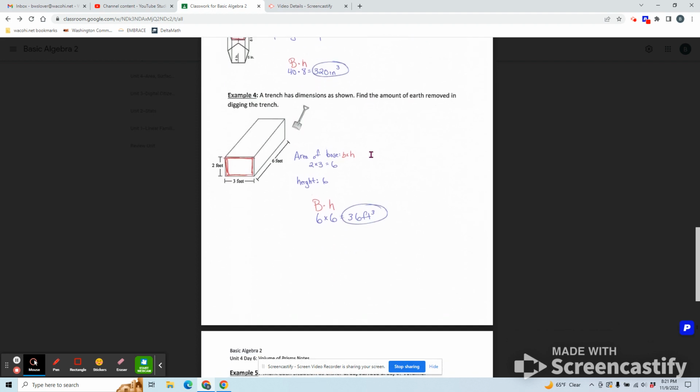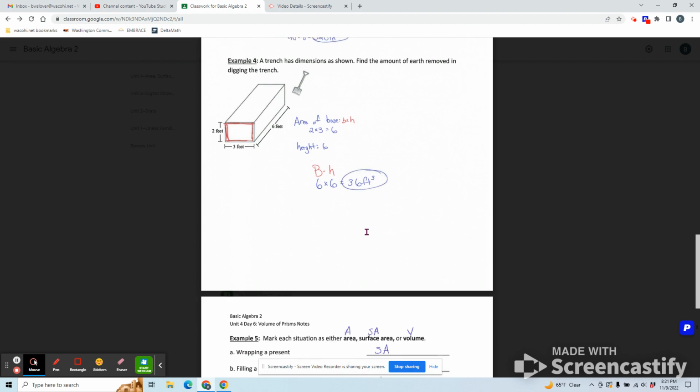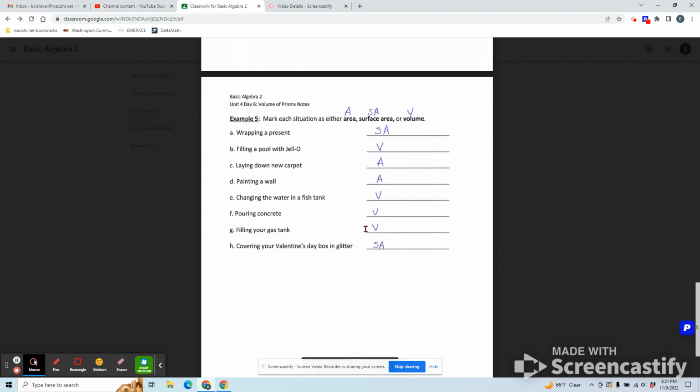Example 4 is a real-world example. You're digging a trench and you need to find out how much earth is going to be removed. After you do all the math, you get 36 cubic feet of dirt is going to be removed. And then down here, it's just asking you to identify each situation as either area, surface area, or volume.